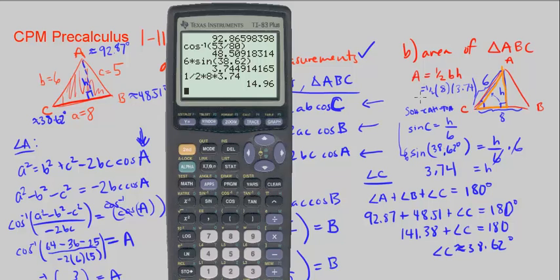So that's, let's say approximately, because we are approximating using this angle. So it's approximately 14.96. And since we know all the sides are in meters, the area is going to be meters squared. Okay, so this right here, 14.96, is the area of triangle ABC.